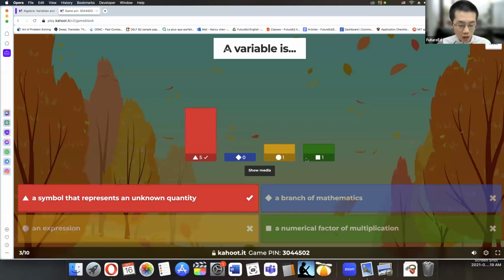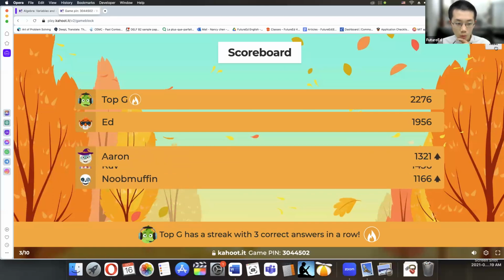It's not an expression. An expression has a definition of its own. And it's definitely not a branch of mathematics. I'm not too sure why you would choose green, it's a bit sketchy there, but just remember a variable, think of X, all right? Variable is X, something you don't know. Let's move on.